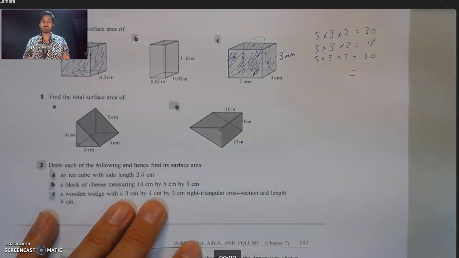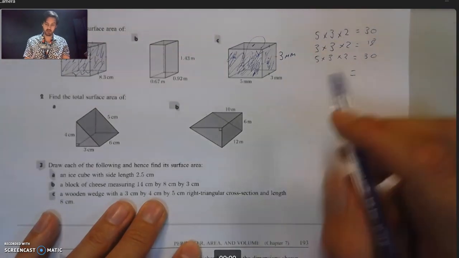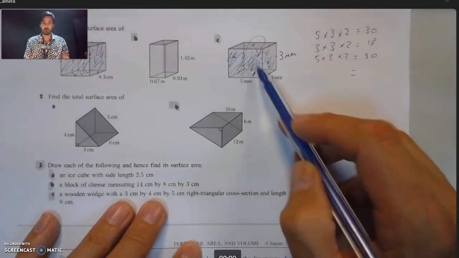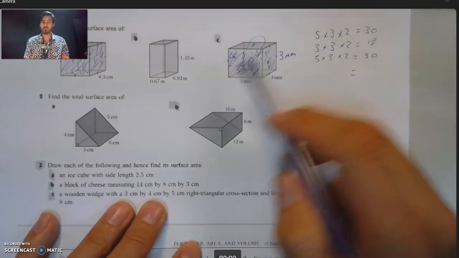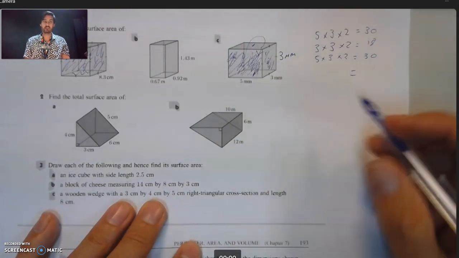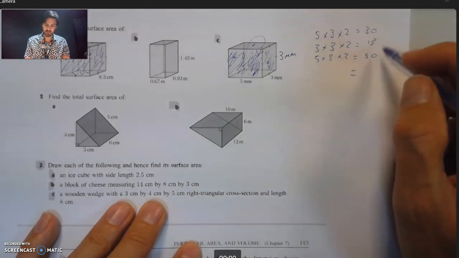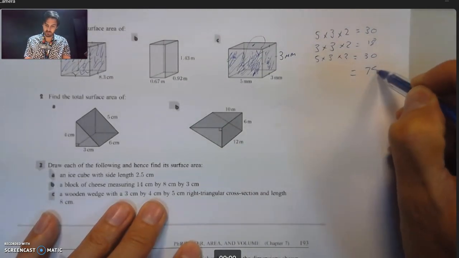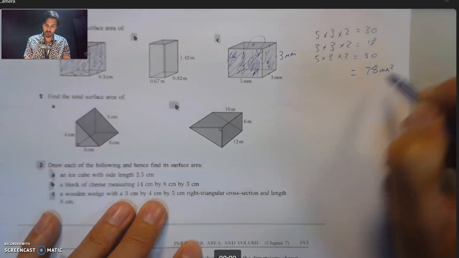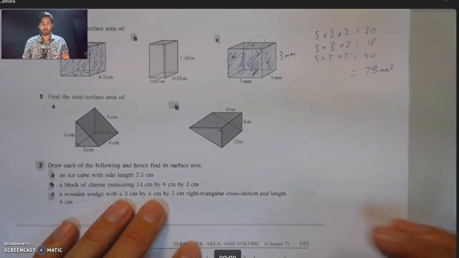There are 6 faces, and we need to add them all together rather than multiply them. We multiply to get the area of each face, but for the whole surface area, we add the areas of those faces together. So that's going to give us 30, 30 is 60, plus 18 is 78 millimeters squared. Okay, simple enough.